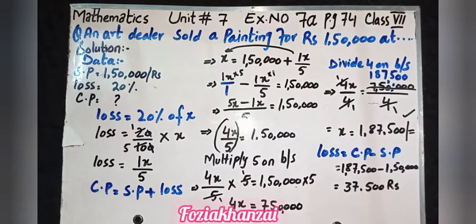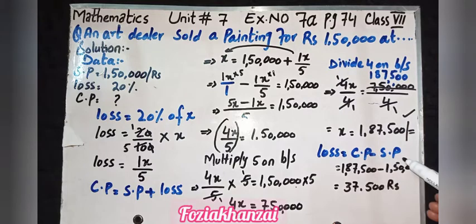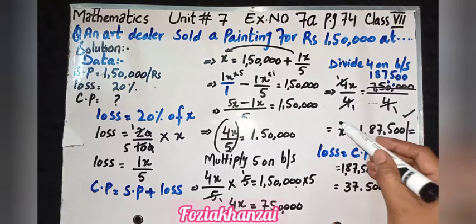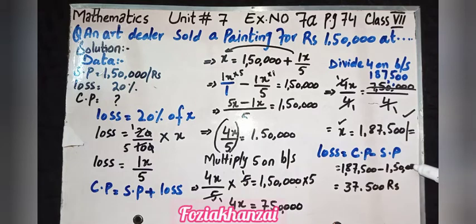The 20% loss we convert into an amount in rupees. Loss is equal to cost price minus selling price. The value of x is the cost price, which we found. Then we subtract the selling price, which is given in the question: 1,87,500 rupees minus 1,50,000 rupees. After subtracting, 37,500 rupees is left.